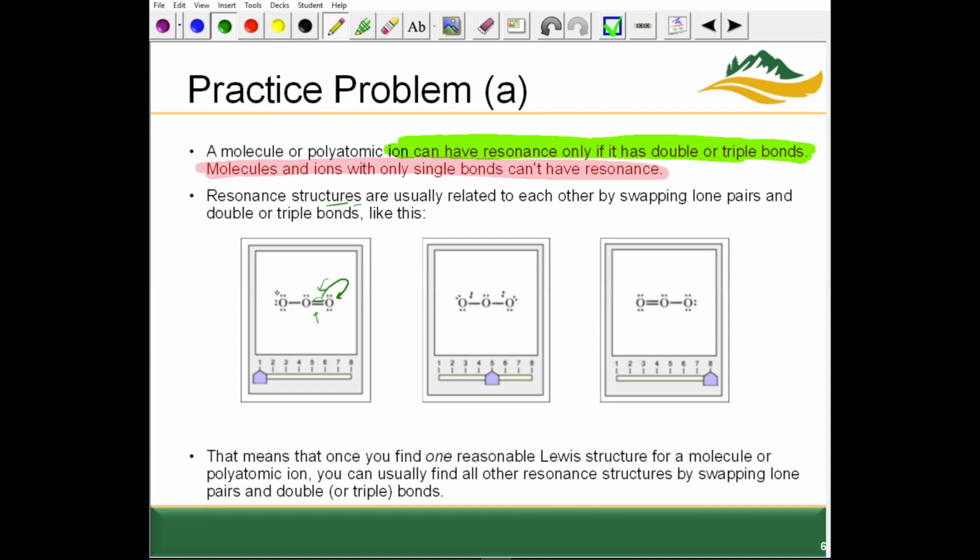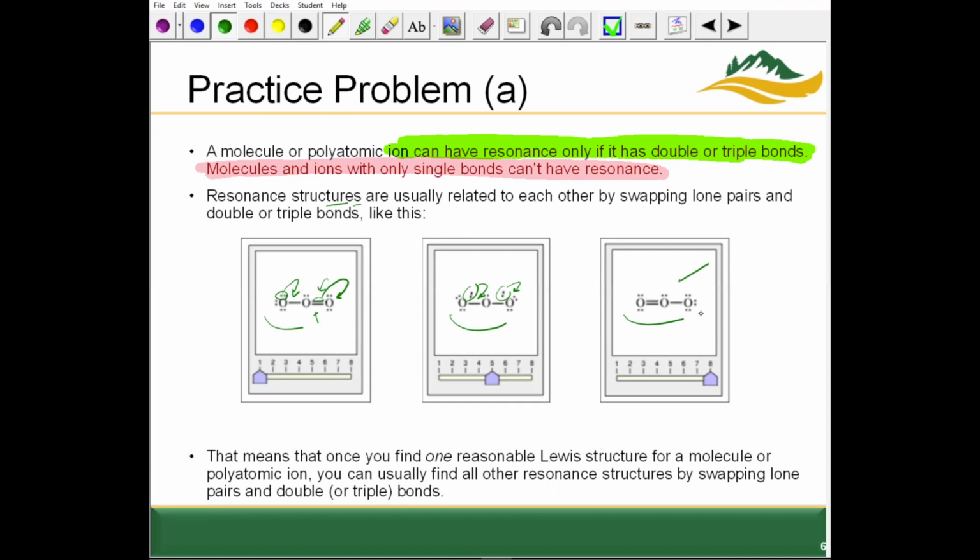At the same time, this lone pair then on the left oxygen can get placed into this spot to form a double bond. So this lone pair is escaping from the double bond and then going on to this oxygen, while this lone pair is going in to form a double bond. So that's how these resonance structures are sort of interrelated.